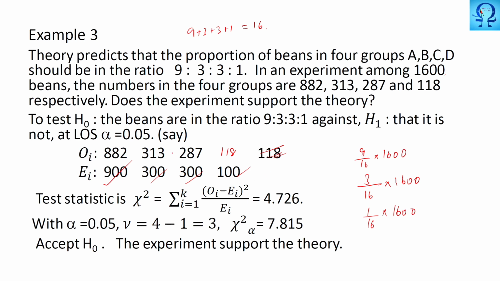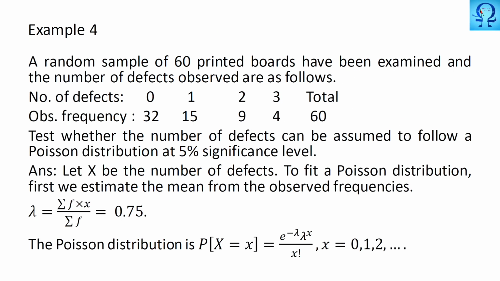Now we calculate the test statistic and read the value from the table, and here also chi square is less than chi square alpha, therefore we accept the null hypothesis that the experiment supports the theory.